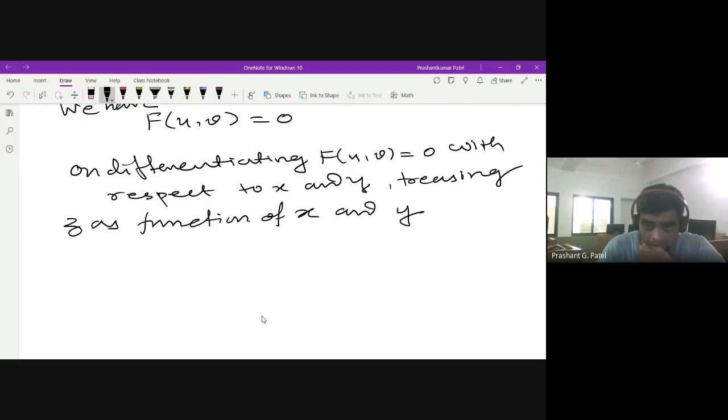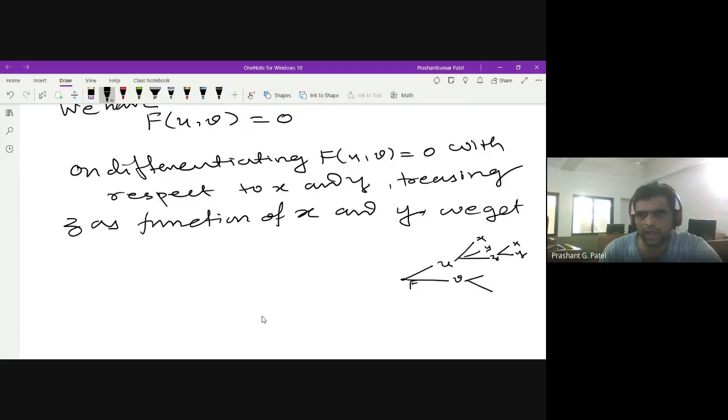What is the situation? f is a function of u, v, and u and v are functions of three variables x, y, and z. But z is a function of two variables x and y. So if I want to differentiate f with respect to x, you have to go via three paths: the first one is this, then this path, and the third one is this two.